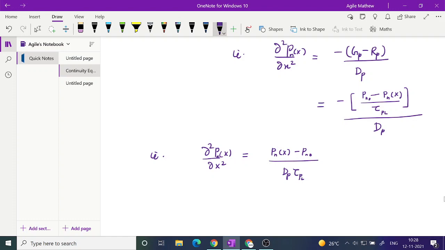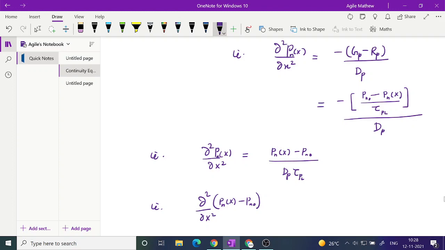Okay, now like yesterday, this is a derivative with respect to position, and here Pn of x is there, but on the right hand side we have Pn of x minus Pn0. So we can manipulate and write it without any change as Pn of x minus Pn0, because Pn0 is a constant with respect to position.